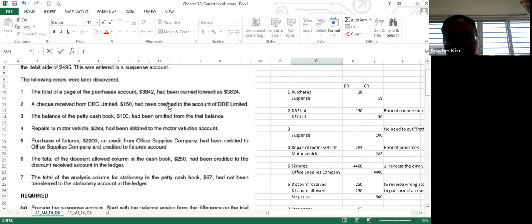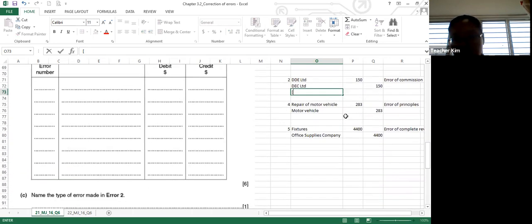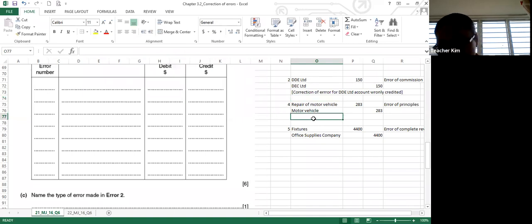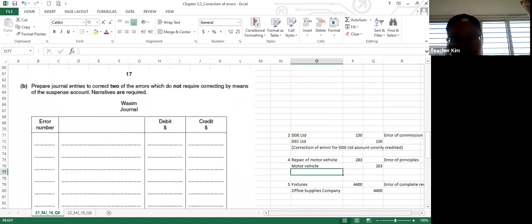Okay, here we say correction of error, DDE Limited account wrongly credited. If you don't like this narrative, you can change something so long as the meaning is similar, that is fine.